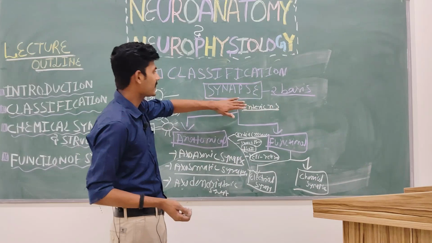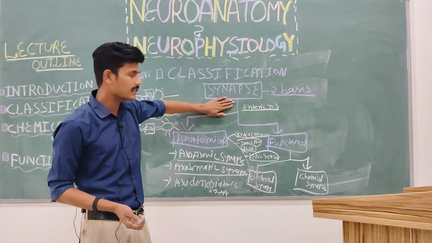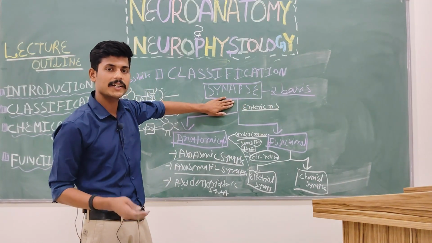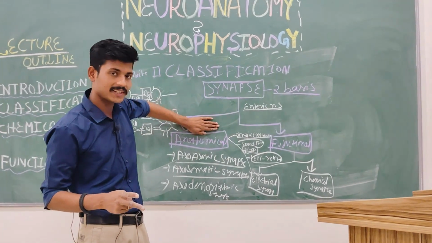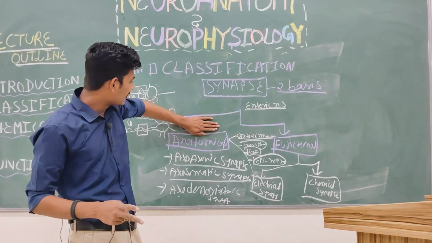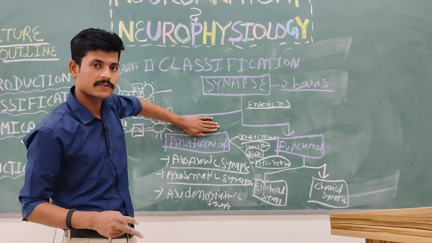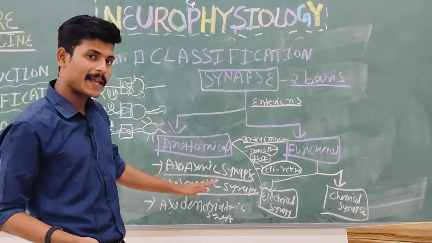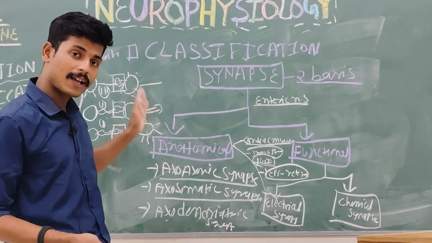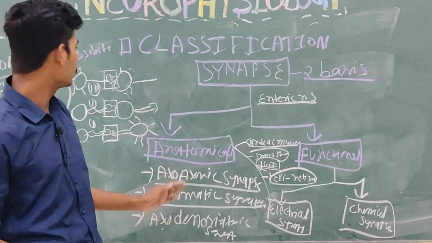So once again we are discussing the classification, and we have seen that the synapse is classified on two bases. The first basis of classification is anatomical, which is very easy to understand, and there are three types. Axoaxonic synapse means one neuron's axon ending relays on another neuron's axon.